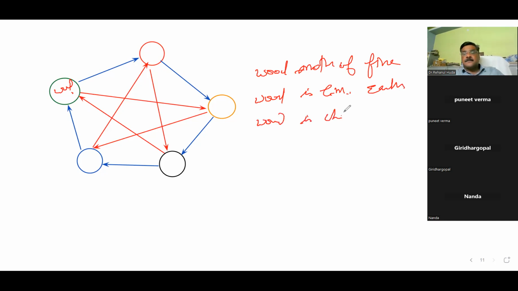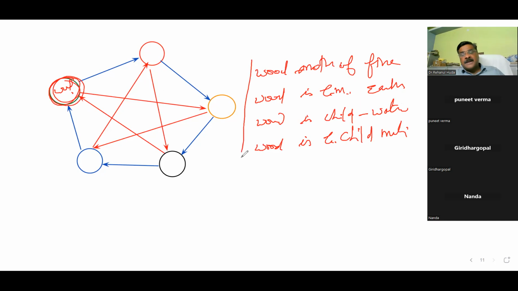Wood is the child of water, and wood is the grandchild of metal. Each and every element is playing four kinds of role. If there is any difference in any element, it will directly impact the other elements too.